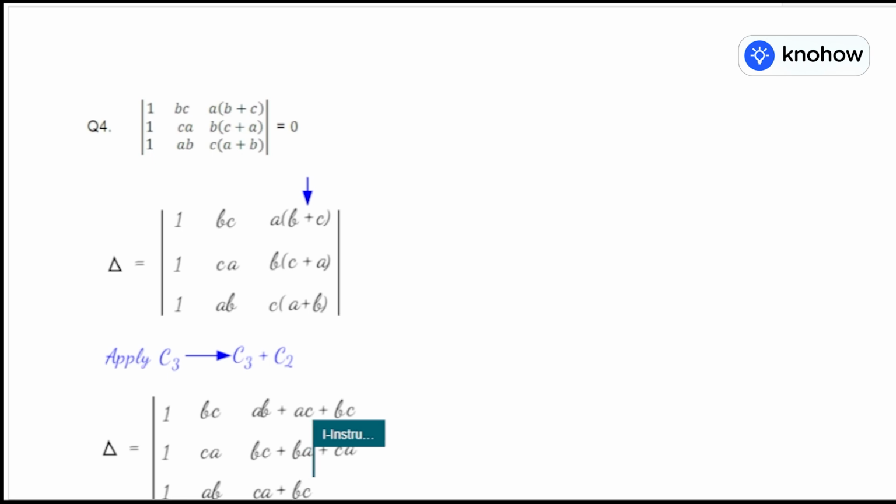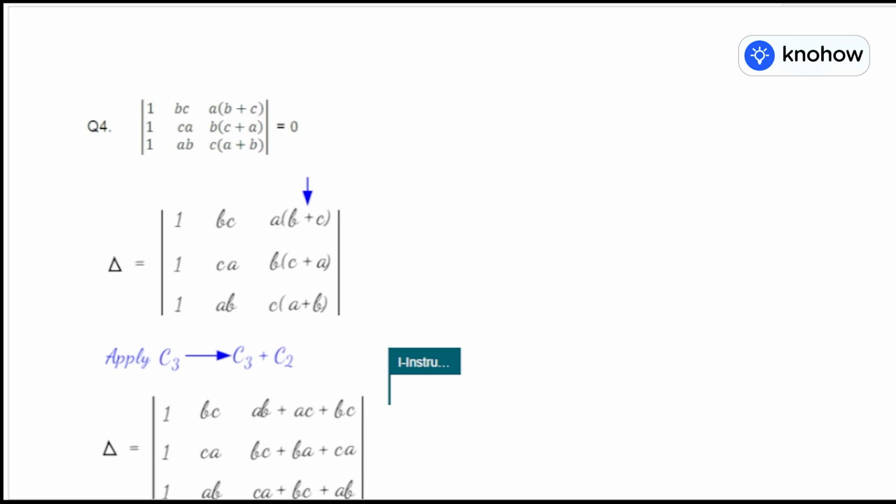In any case, instead of AB if you have BA, never mind, because after all A, B, C are real numbers and the multiplication of real numbers is commutative. Do you find that all the three elements in the column 3 are AB plus BC plus CA? So the elements of third column are proportional to 1.